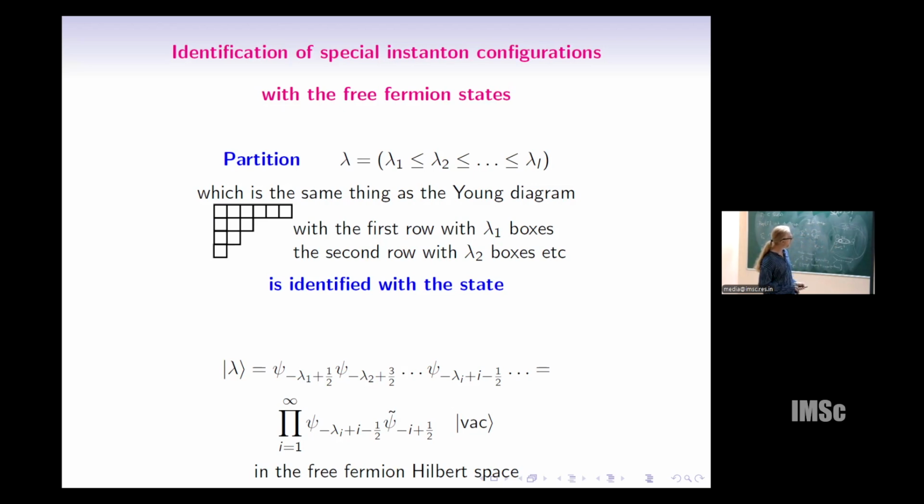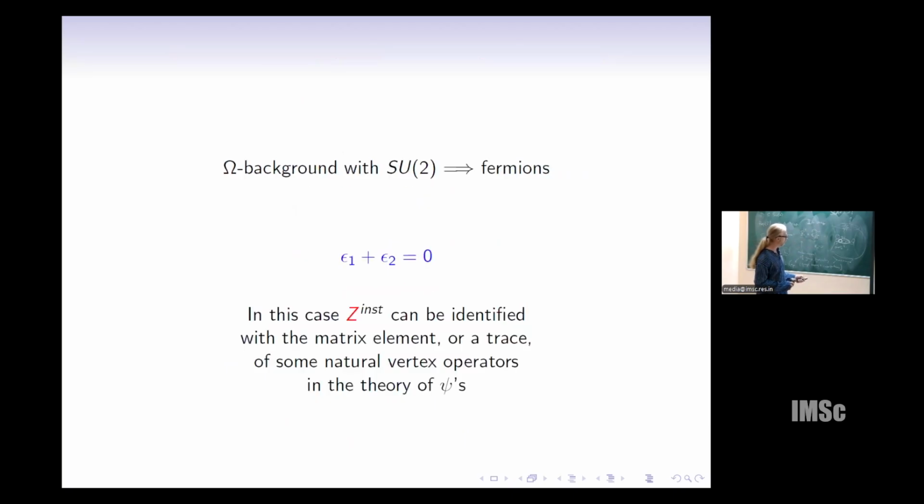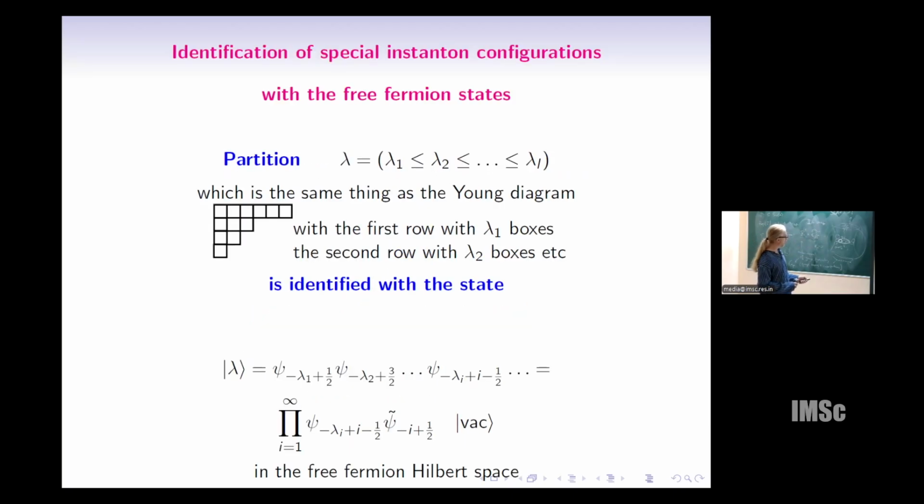So you shift the first one by 1/2, the second one by 3/2, the third one by 5/2, and so on. At some point, your Young diagram is finished, so you just put the lambdas, and so you have the infinite sequence of fermions whose labels now form an arithmetic sequence, and this is just a part of the Dirac sea.